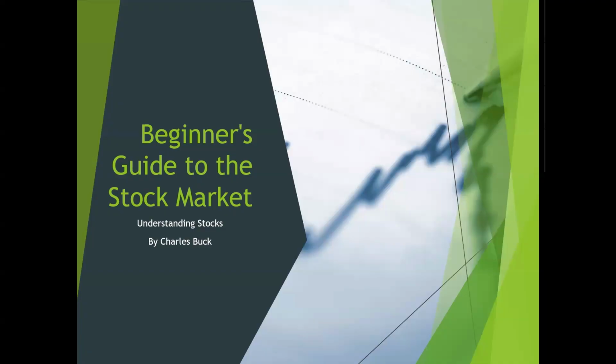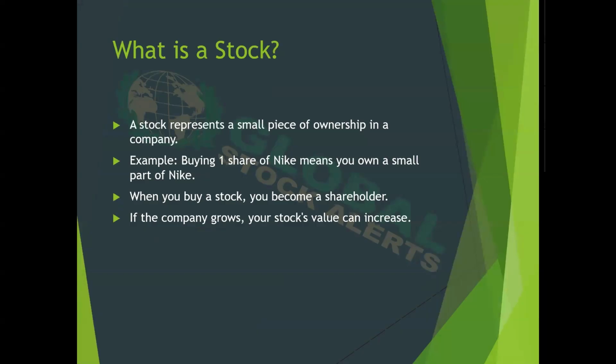All right, so basically, this is just more of what I just said. The stock represents a small piece of ownership in the company. Let's say you buy Nike, we all know who Nike is. If you buy one share of Nike, you technically own a piece of it, so now you would be considered a shareholder.